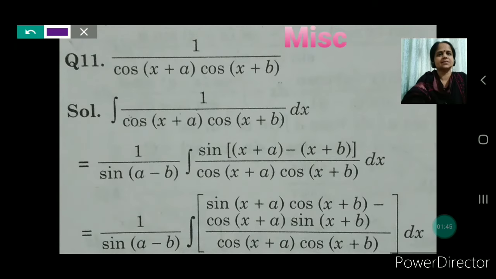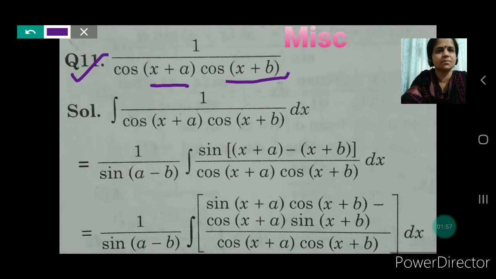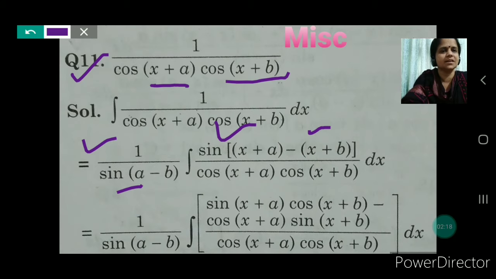Now let's start question number 11. The question is to find the integration of 1 by cos in bracket x plus a into cos in bracket x plus b. First of all, for this question, multiply numerator and denominator by sine in bracket a minus b. In the numerator, sine a minus b can be arranged like this: sine x plus a minus in bracket x plus b.